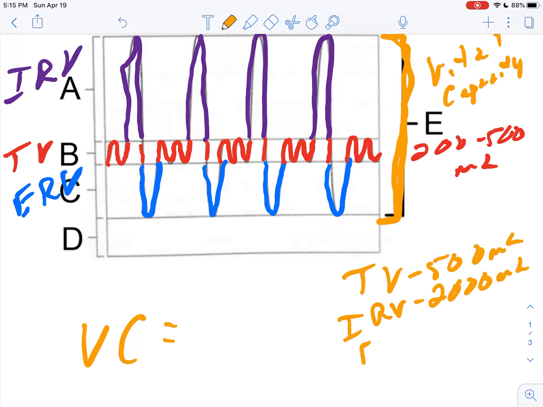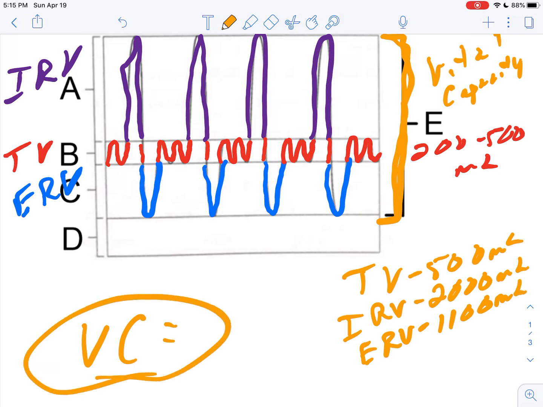These are going to be milliliters. And your expiratory reserve is going to be 1,100. So your job is to calculate your vital capacity given those three values. And go ahead and put that into your exit ticket for the assignment. I'll create an assignment for that and just put in the text entry what your answer would be in milliliters.